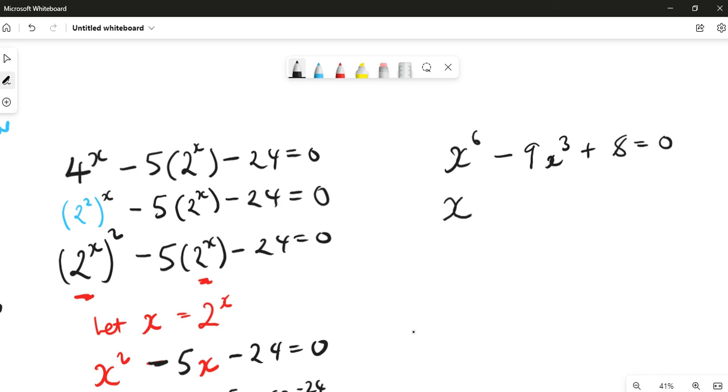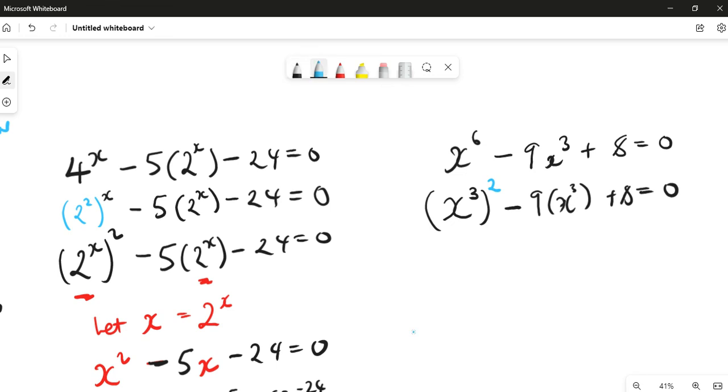So we can have x to the power 3 all to the power 2. 3 times 2, that gives us 6. So we have x to the power 3 raised to the power 2 minus 9x to the power 3 plus 8 equals 0.